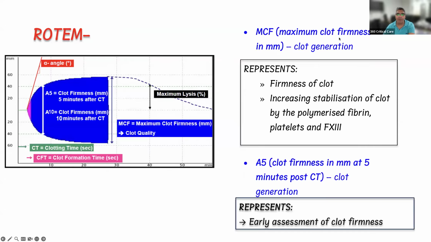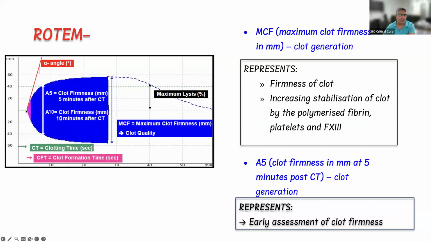Next, maximum clot firmness. This represents the height in millimeters. It represents how strong or how firm the clot is, and the increasing stabilization of the clot by polymerization of fibrin, platelets and factor 13. So the MCF will be low if you have a deficiency of fibrin or factor 13. Now, an important thing to look for is the A5. It represents the clot firmness at 5 minutes post clotting.